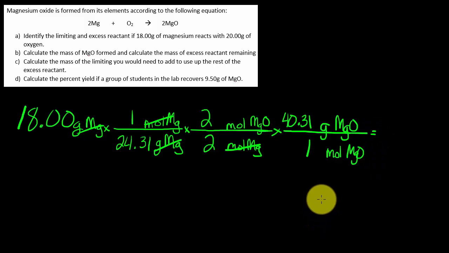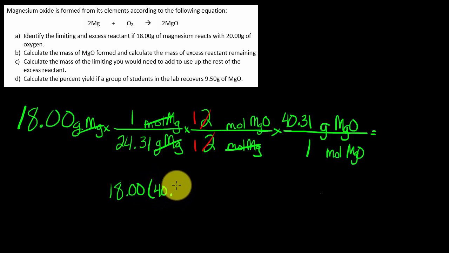So now we're ready to do the math here. Something you can do ahead of time to simplify this is that this 2 over 2 can be reduced back down to 1 over 1, which makes our math a little more convenient. What we have is 18 times 40.31 divided by 24.31.